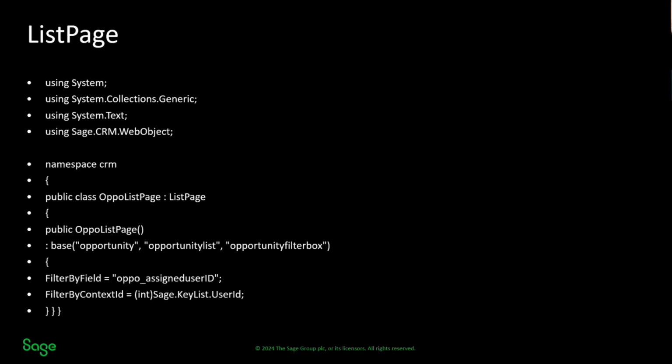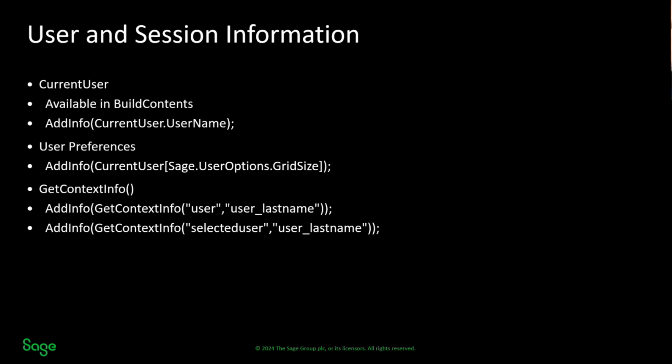We can override the preferences of the user. As you can see here, we can see the user grid size, the user options for the grid size. So if a user wants to use 20 rows instead of 10, they can, in terms of the display.